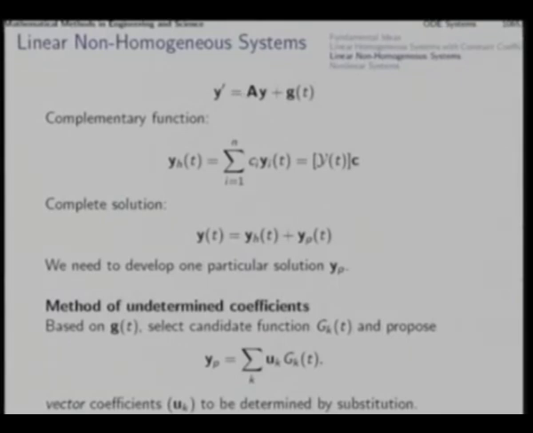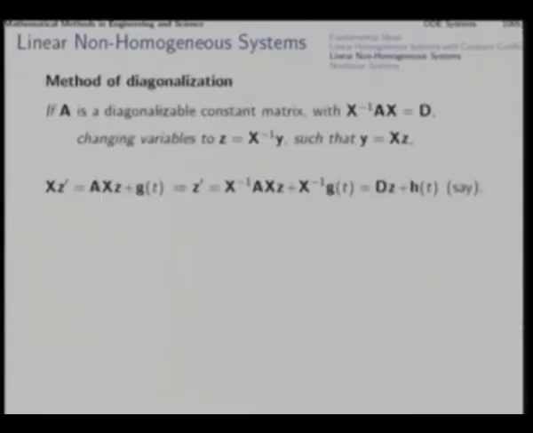Now, the second method, the method of diagonalization, will operate in a somewhat generalized case, but only for those matrices which are diagonalizable. Now, if the matrix A is diagonalizable, say with the matrix X. Here also it is a constant matrix that we are talking about, A, and if it is diagonalizable, that means there is a basis X in which the representation of the same linear transformation is through a diagonal matrix.